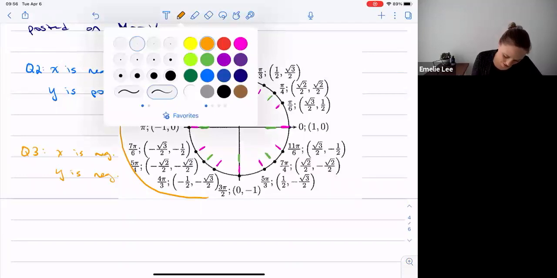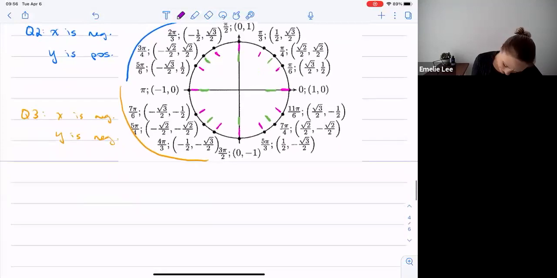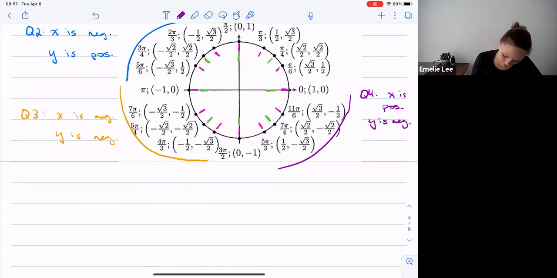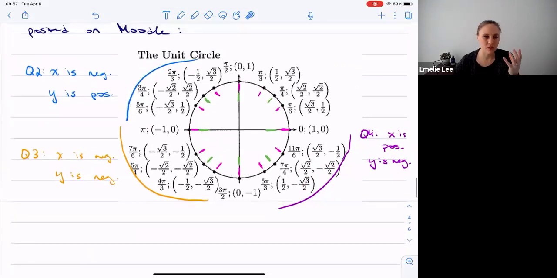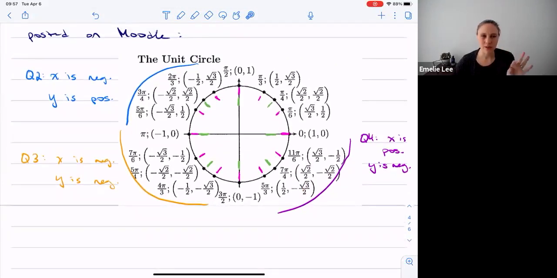And then finally, I've used up all my colors here, maybe purple. Q4, x is positive and y is negative, right? Which is reflected here. All my x values are positive, but then my y values are negative. So you can go through, do the run through, and map all these points, but here they are just listed explicitly, so that's nice.